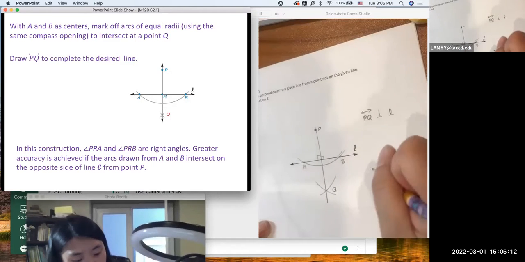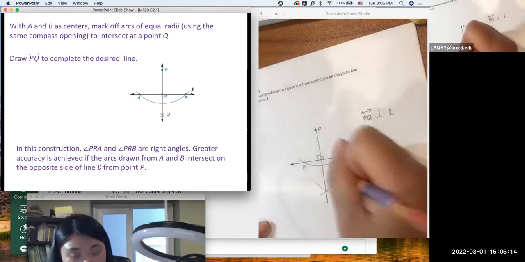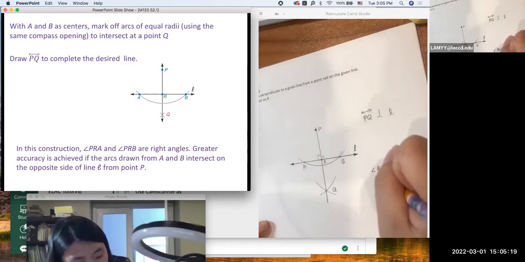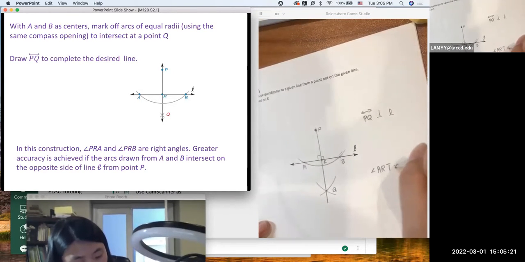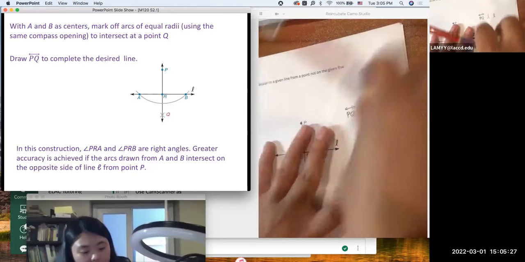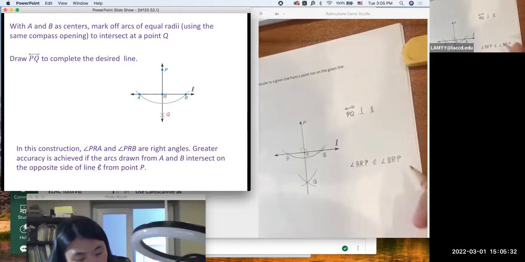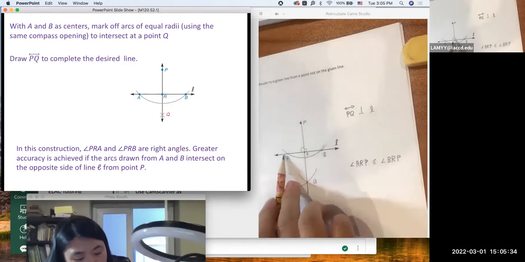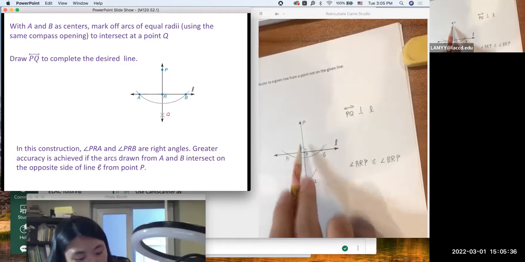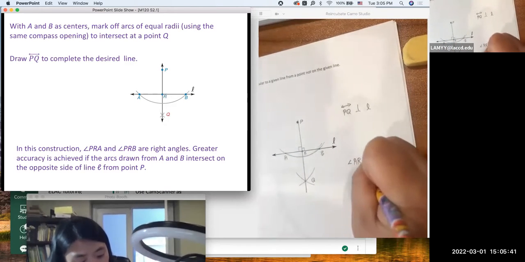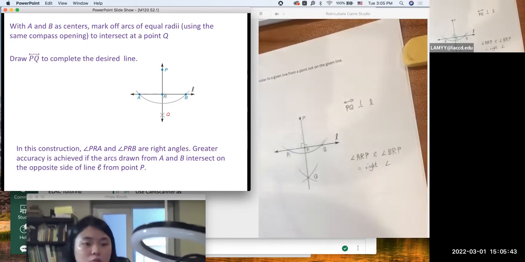So you could conclude that we could call this point R, angle ARP congruent to angle BRP, and is equal to a right angle.